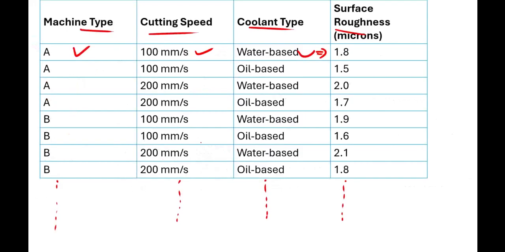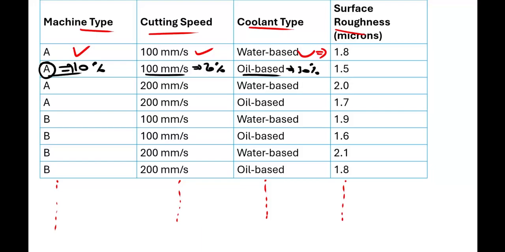What it means is, say that machine type has an effect of 10%, this one has an effect of 20%, and this one has an effect of 30%, separately and independently.